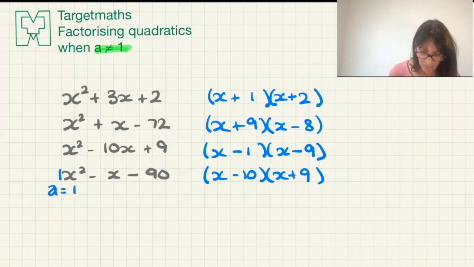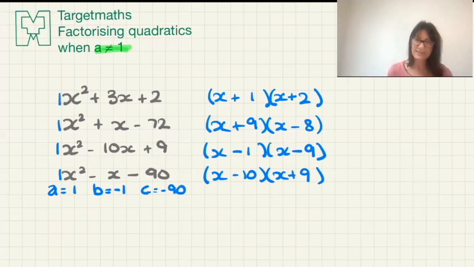So A is equal to 1 in this particular quadratic. The B is equal to -1. So it's really important that I include the signs. And C is equal to -90. And you can see that all of the questions we've just done, the x squared is 1 in every case.